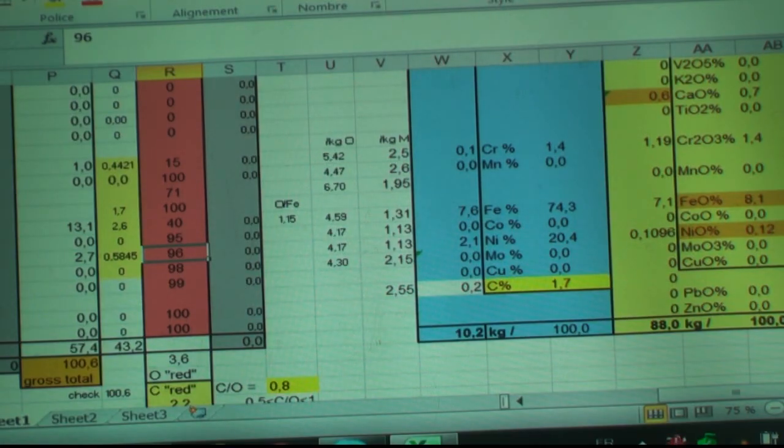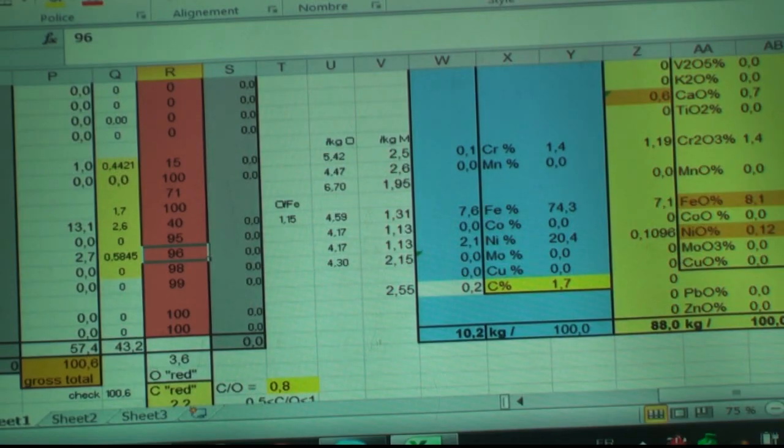Therefore, when you design the furnace, you will ask the customer what do you want to produce? You will not decide this, the customer does. We can get a target from the customer, for example the nickel percentage. When the customer wants more than 20%, we can.